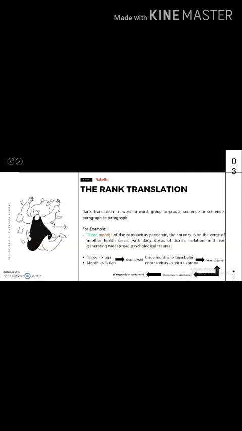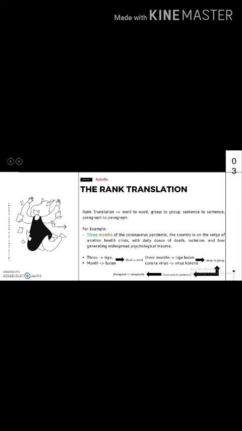And the last type of translation according to Catford is the Rank translation. The definition of rank translation according to Catford is to translate word to word, group to group, sentence to sentence, paragraph to paragraph.